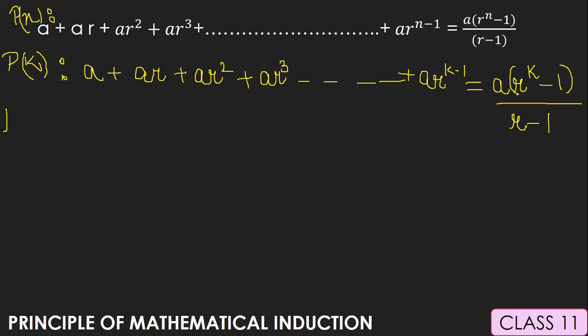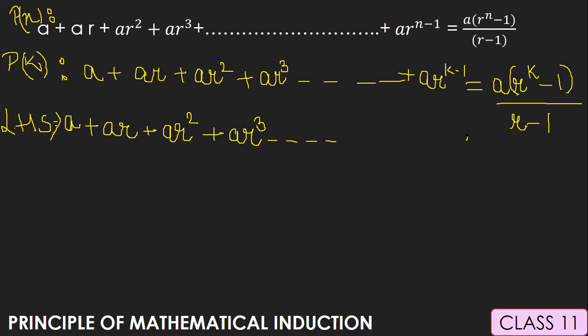So for n is equal to k plus 1, your LHS would be A plus AR plus AR square plus AR cube and so on till AR raised to power k plus 1 minus 1. That would be AR raised to power k.